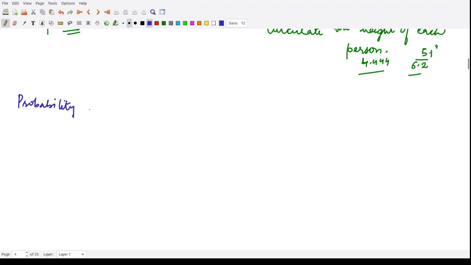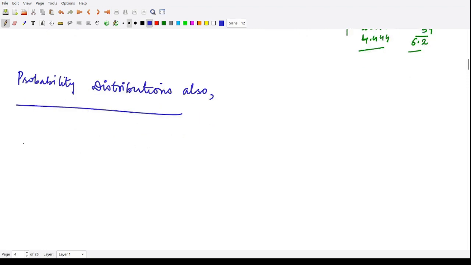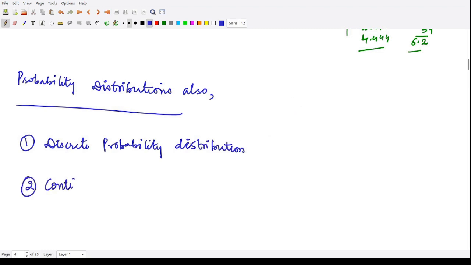In the first case, we have the discrete probability distribution, and in the second case, we have the continuous probability distribution.